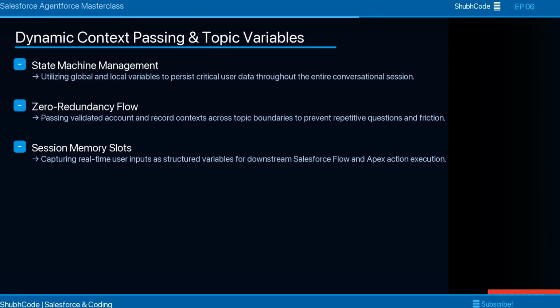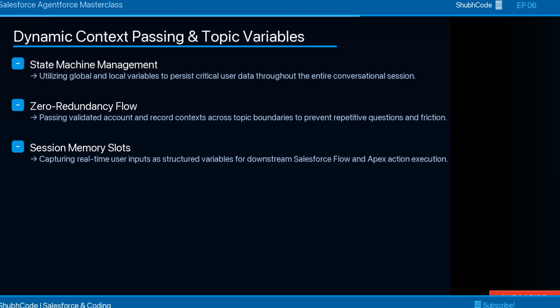Real-world conversations are dynamic, and customers frequently change their minds or ask follow-up questions that require historical context. Agentforce handles this complexity by utilizing system variables and custom topic variables to pass state data seamlessly. When a user switches from a billing topic to a technical support topic, the agent can pass variables like the account ID, case number, or active transaction details.